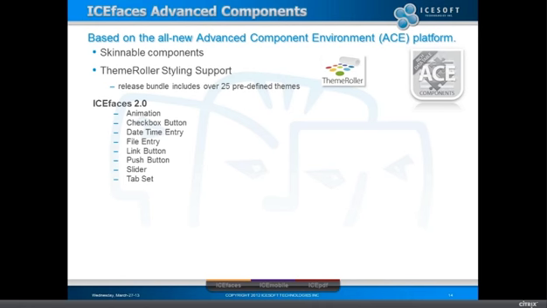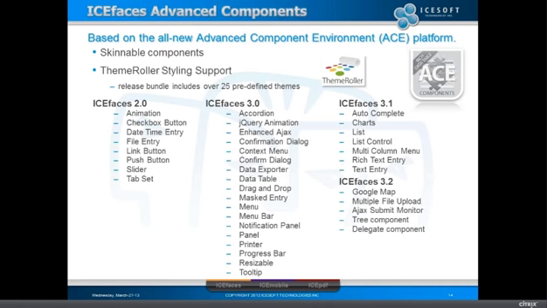Now, ICEfaces 2 came out with the first batch of ACE components, and there was a small batch here. We were just getting started with the new platform. ICEfaces 3 brought in a much larger selection of components, very interesting components like the accordion and dialogues and things like that.